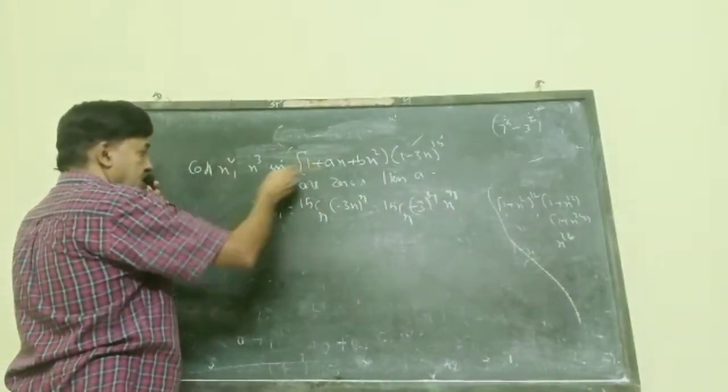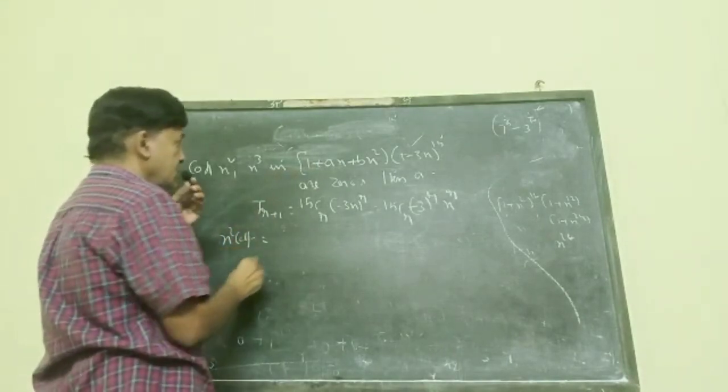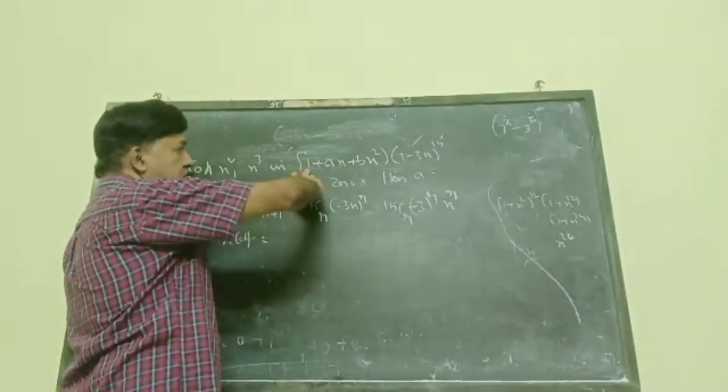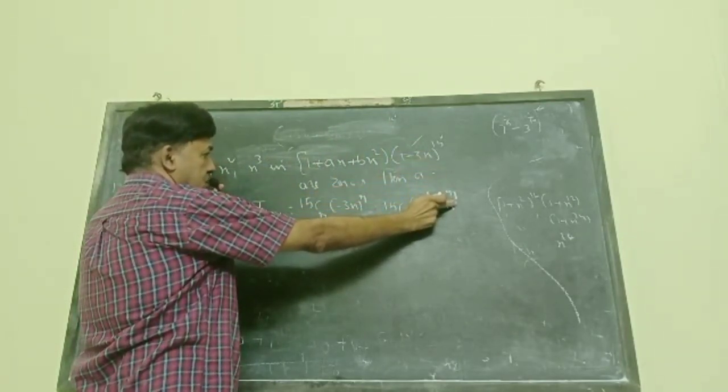Now the x square coefficient is equal to 1 into the x square coefficient, meaning r value is 2.